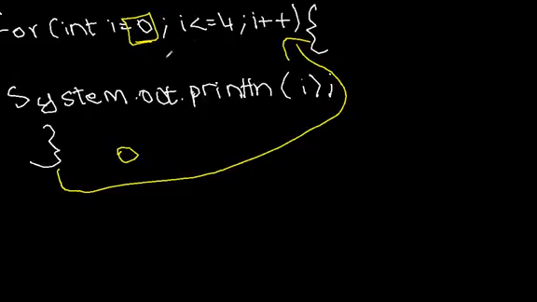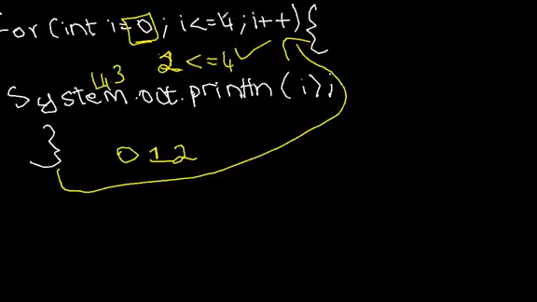It checks if 1 is less than or equal to 4, that is true, so it prints 1, goes back there, I++, then it checks if 2 is less than or equal to 4, prints 2, 3, 4. 4 is equal to 4, so it will print 4.